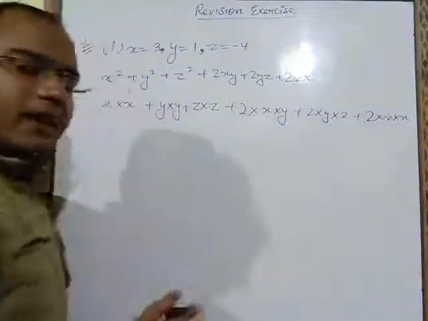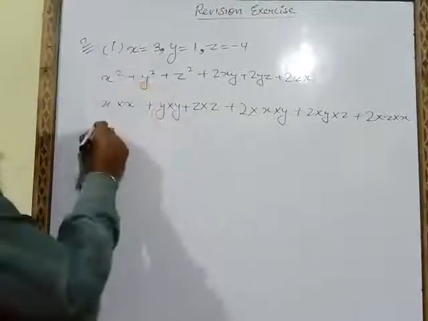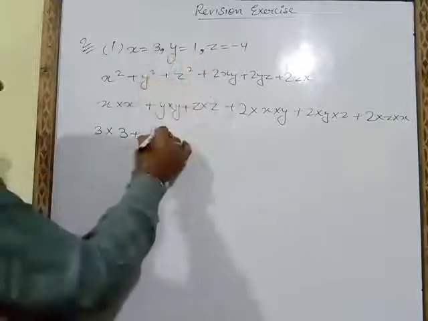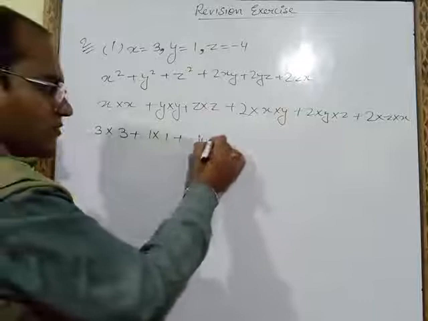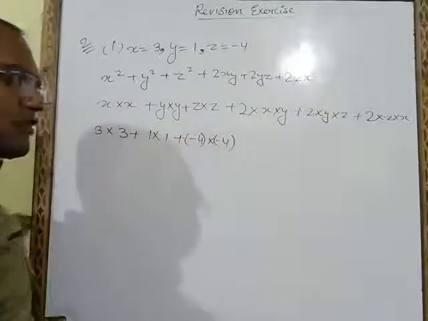Now we will put the bracket values of x, y and z. X value is 3 into 3, y value is 1, so 1 into 1, z value is -4, so -4 into -4, but here we have to take a bracket because the minus sign is coming.